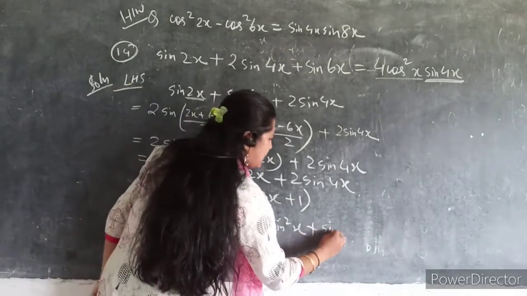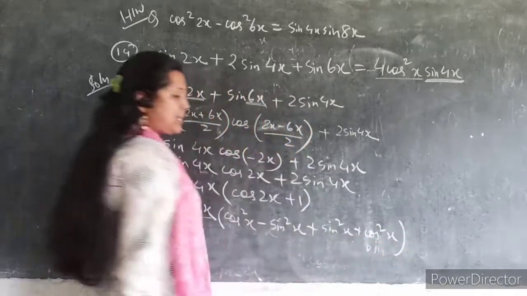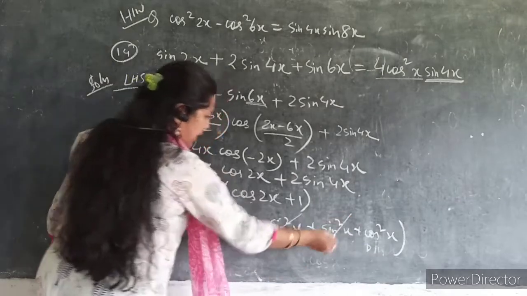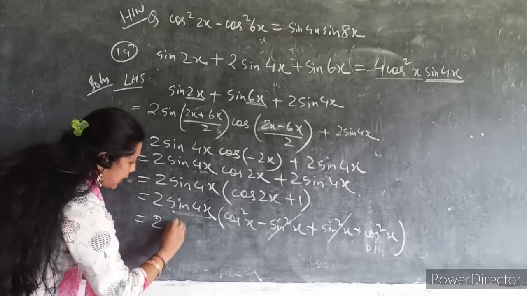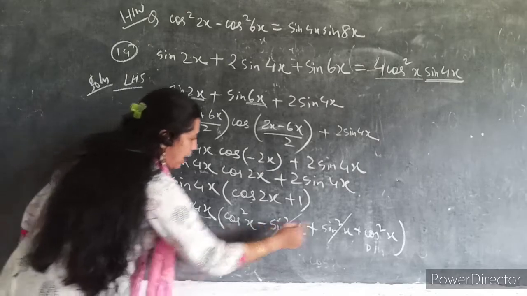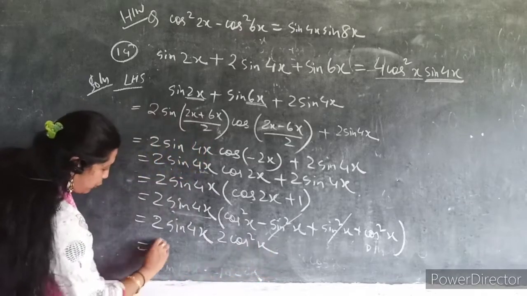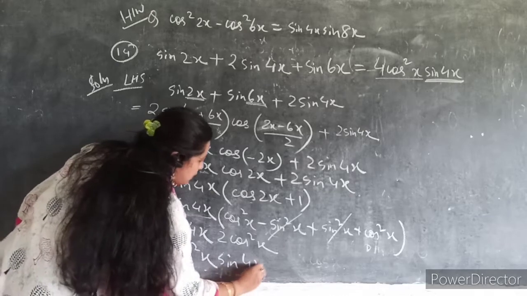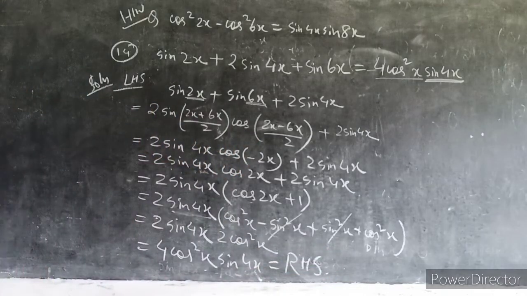That is the identity that you got in class 10: sin²x plus cos²x. So if you see, minus term and minus term will cancel. So what you are getting? 2 sin 4x, and how many cos²x are there? 2. So 2 into 2 will be 4 cos²x sin 4x, which is equal to your right hand side, is it not?